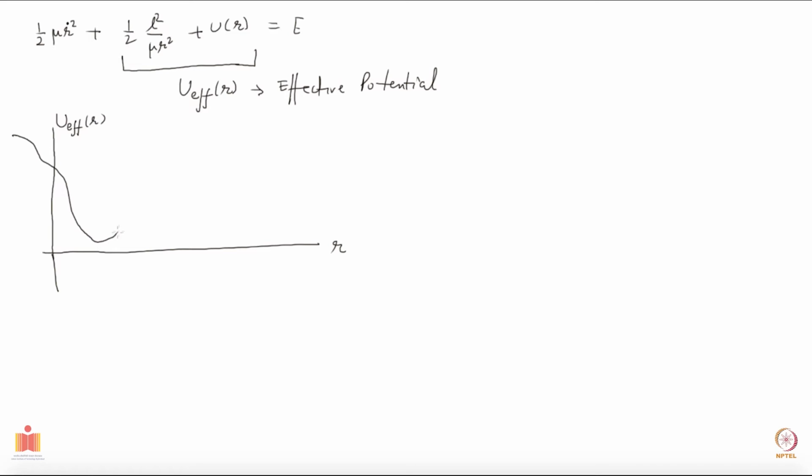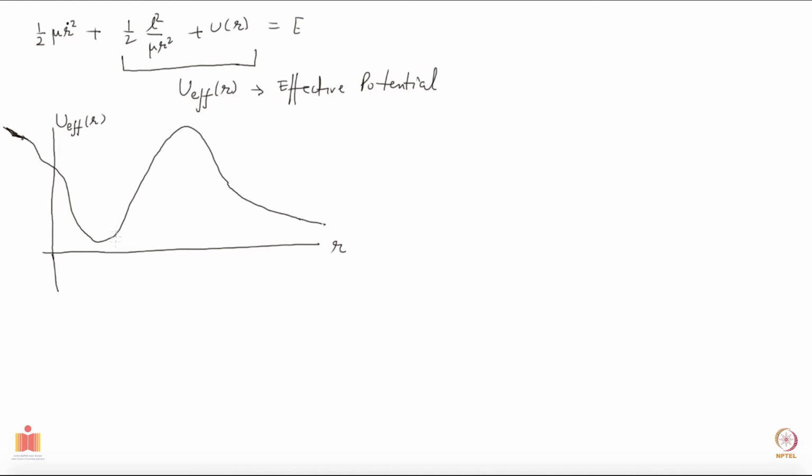It could have some minimum somewhere, a maximum, and it could keep decreasing and go to zero as it goes to infinity. It could keep increasing in some region. These are the most general features that can be present in the U effective of r, and we can now immediately see what possibilities can happen.